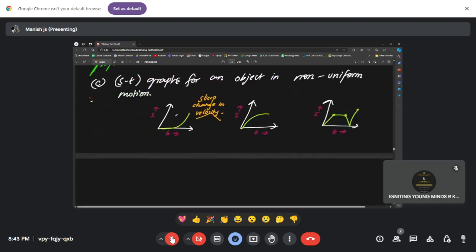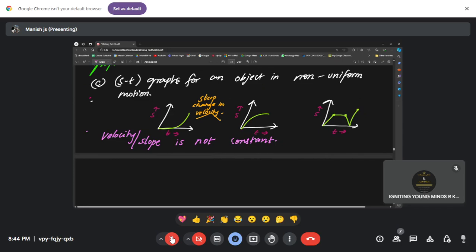For the C part, I need to include one point. Here, velocity is not constant, right? Because it keeps changing with time. So an important point is velocity, or you can say the slope, is not constant, because at each and every point you can see the slope is different.